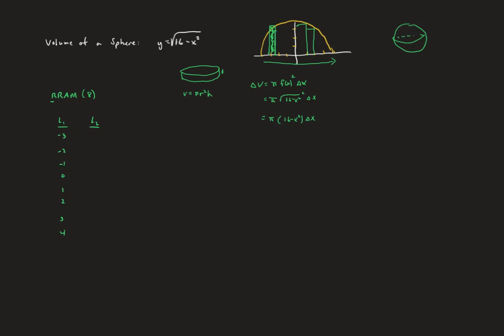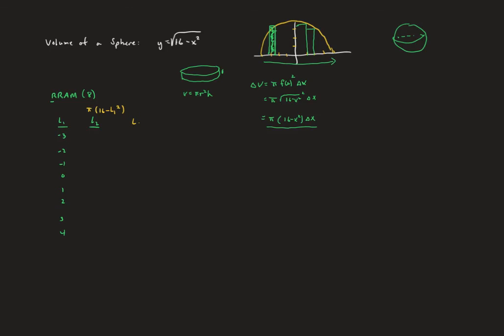For L2, the heights that we get, we're going to be plugging into this formula right here. Our formula bar is going to look something like pi times 16 minus L1 squared.